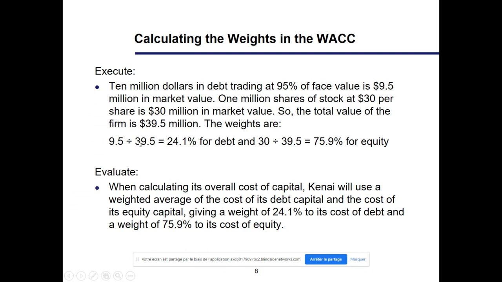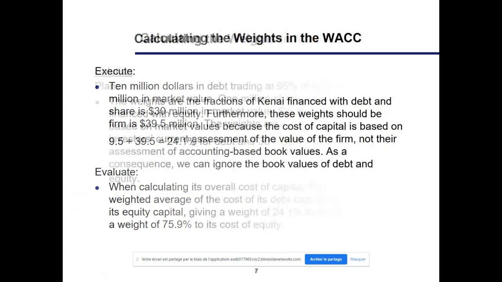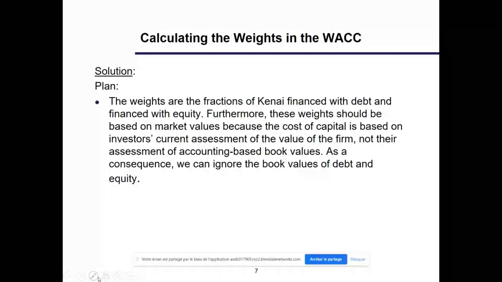Therefore, the proportion of debt over assets, which is debt plus equity, would be 24.1%, and 75.9% is equity. You have to study financial statement analysis, isn't it?